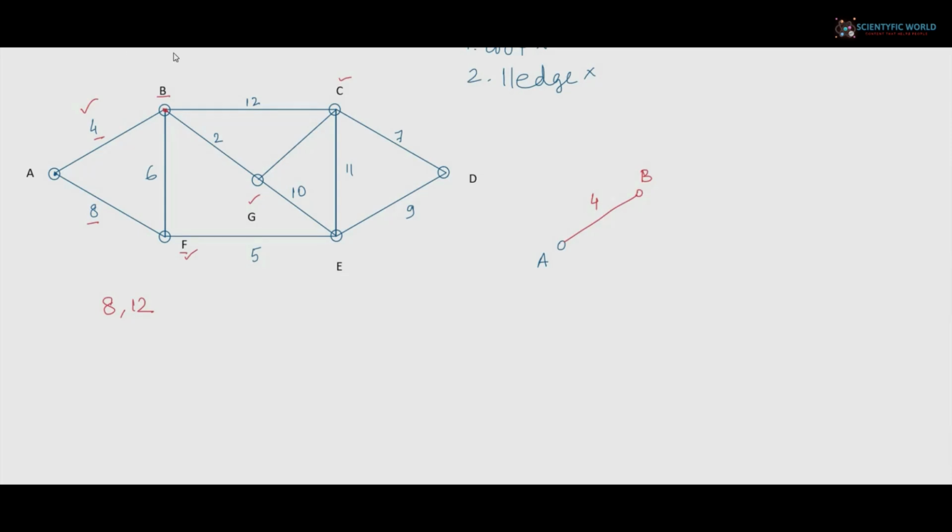Now we will write 12. One edge has a weight 2. This edge has a weight 6. And this edge has a weight 8. So we have written all the edges with their weights. Among these four, 2 is the minimum. So we will choose this edge.